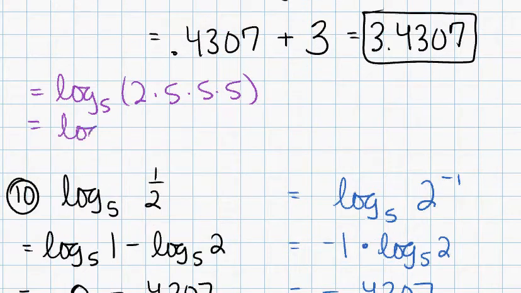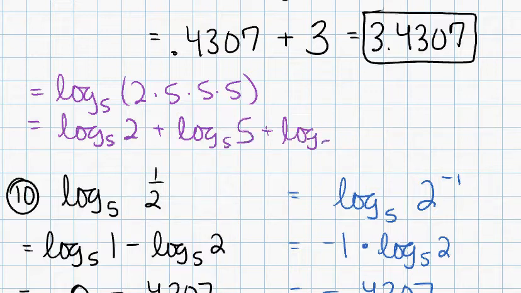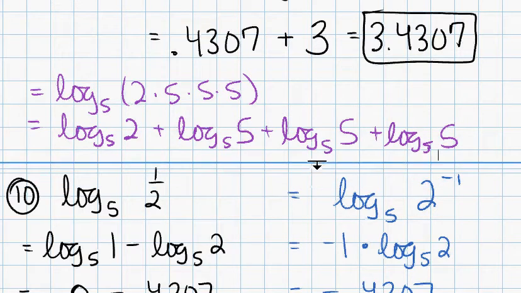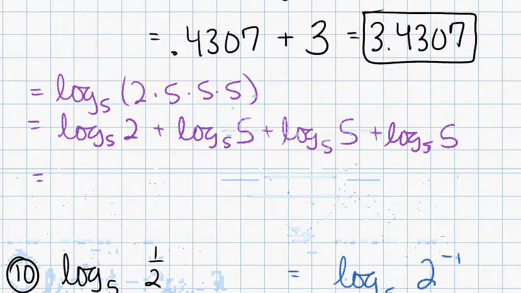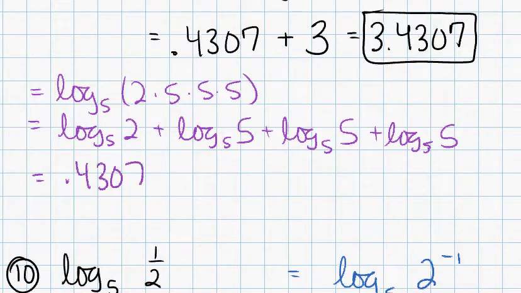So it would be log base 5 of 2, log base 5 of 5, log base 5 of 5, log base 5 of 5, which is 0.4307 plus 1, 2, 3. So, same answer.